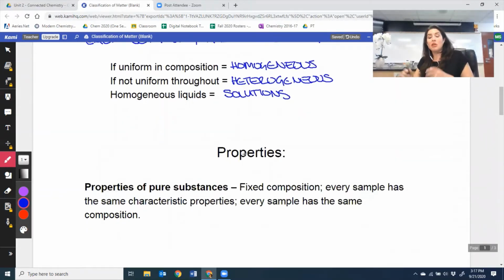There are some properties that pure substances have. Pure substances are fixed in their composition. Every sample of a pure substance has the same characteristic properties throughout. Every sample has uniform composition. The only way to separate a pure substance is through some sort of chemical change.